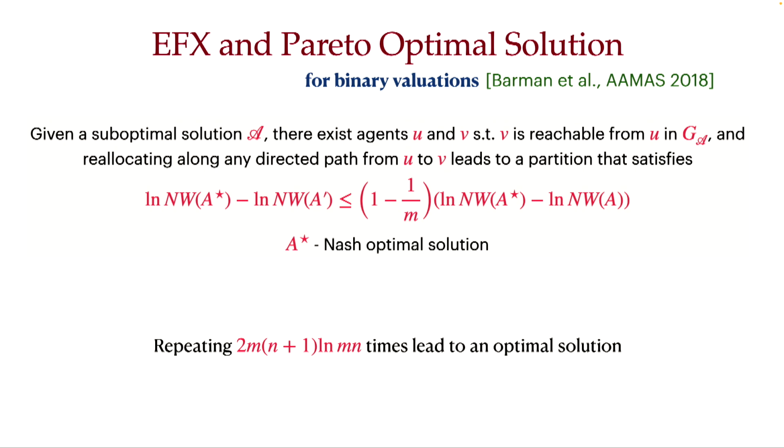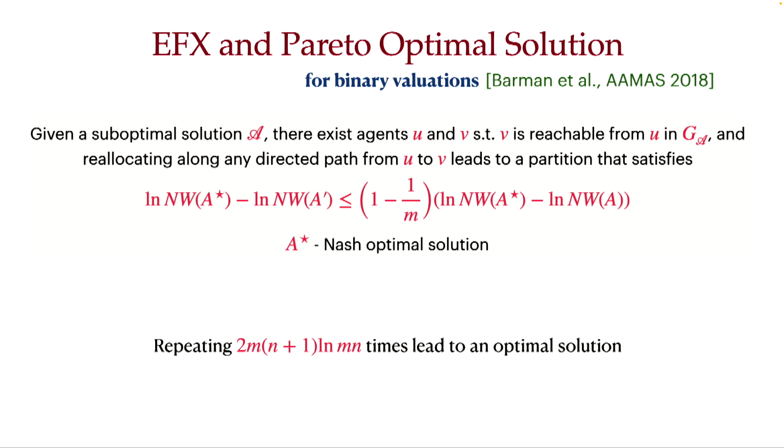So what we are trying to do here is find an allocation that maximizes Nash welfare. I am giving it only for binary valuation, and if I find an allocation that maximizes Nash welfare, then that will be EFX and PO as well, correct. That's a good point to recall.